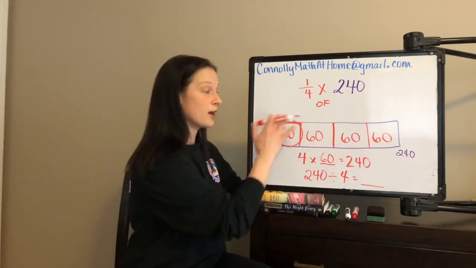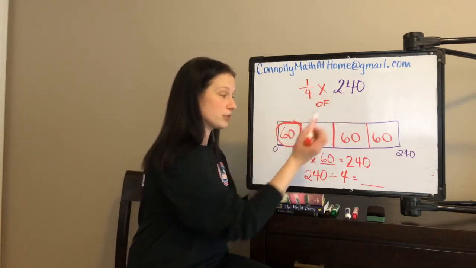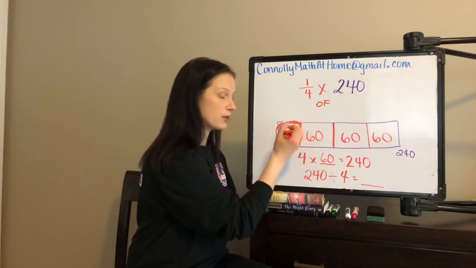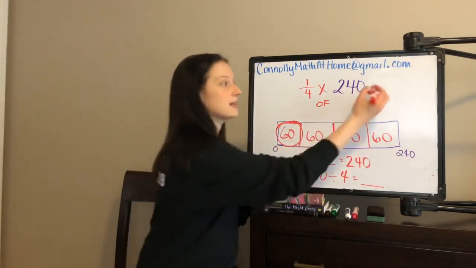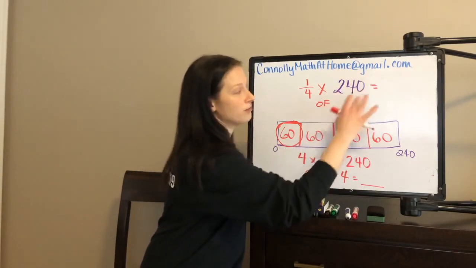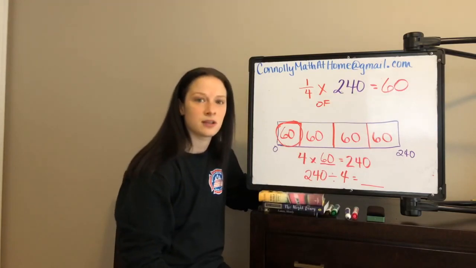All right, so when I circled 1/4, I'm thinking, what is 1/4 of 240? Well, here's my 1/4 of the 240. So I know that if I've gone 1/4 of 240, I have gone 60 miles.